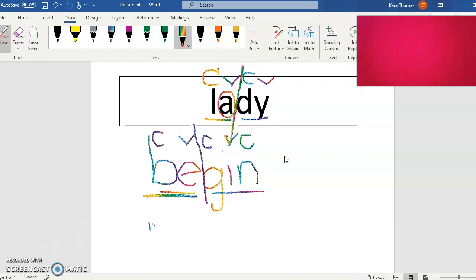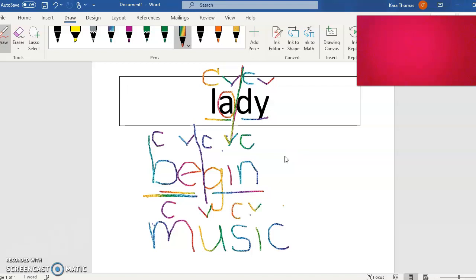Our last one. We're going to write the word music. Let's go ahead and label our letters. We have consonant, vowel, consonant, vowel, consonant. Don't let the last consonant throw you off the path here, because we still have our pattern, right?